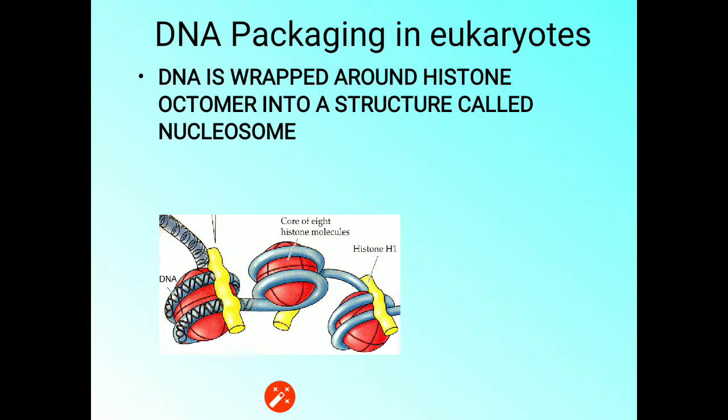In a nucleus, certain regions of the chromatin are loosely packed and they stain lighter than the other regions, which are called euchromatin. That means a part of the chromatin thread is lightly stained and termed euchromatin, and part of it is darkly stained, which is termed heterochromatin.